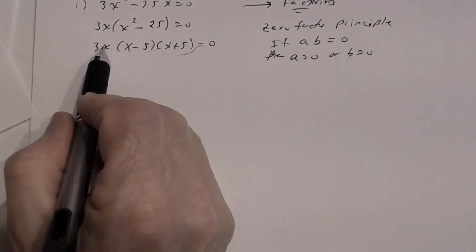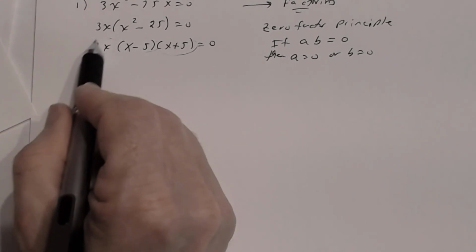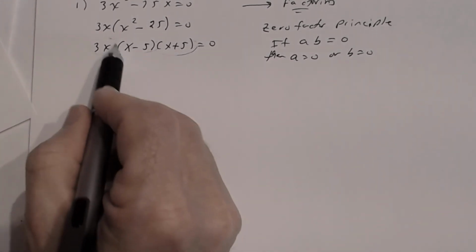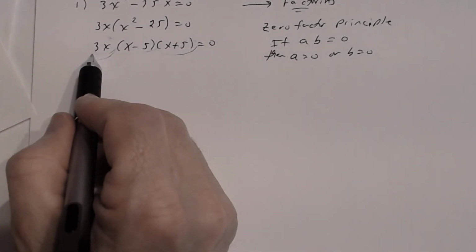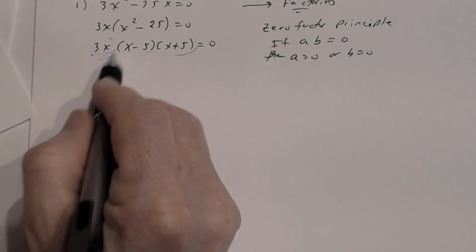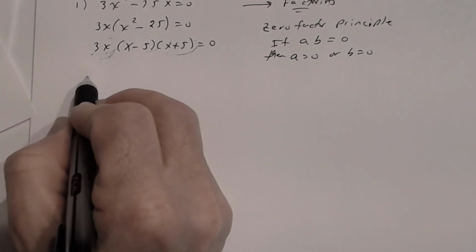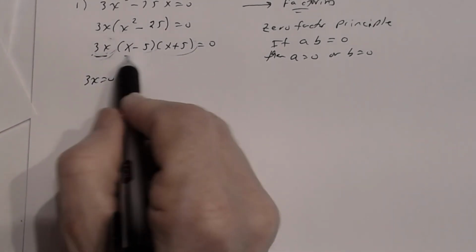Now just as you did in the previous lesson, we always tend to look at the monomial factor together. So we see those two monomial factors, 3 and x. Let's just consider that as one monomial factor. So we get 3x is equal to 0. I'm setting each of these factors equal to 0.